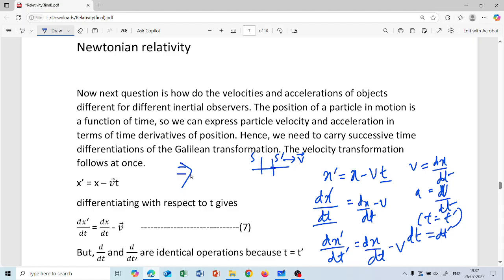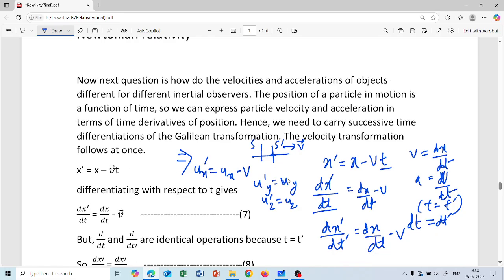So let me write this as ux prime is equal to ux minus v. So this is the transformation along x direction. Similarly, we can get the transformations for y and z: u prime y is equal to uy and uz prime is equal to uz, because those components are not changing.